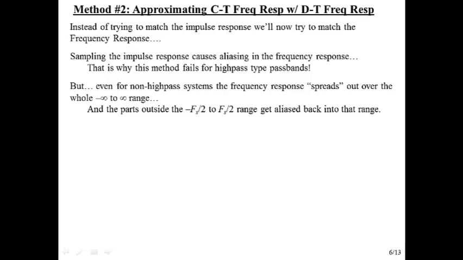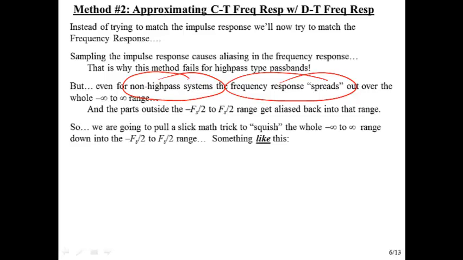And even for non-high pass systems, we have to worry about how this frequency response spreads out over the whole minus infinity to infinity range. And so there might be some significant aliasing involved with this previous method that we just talked about.